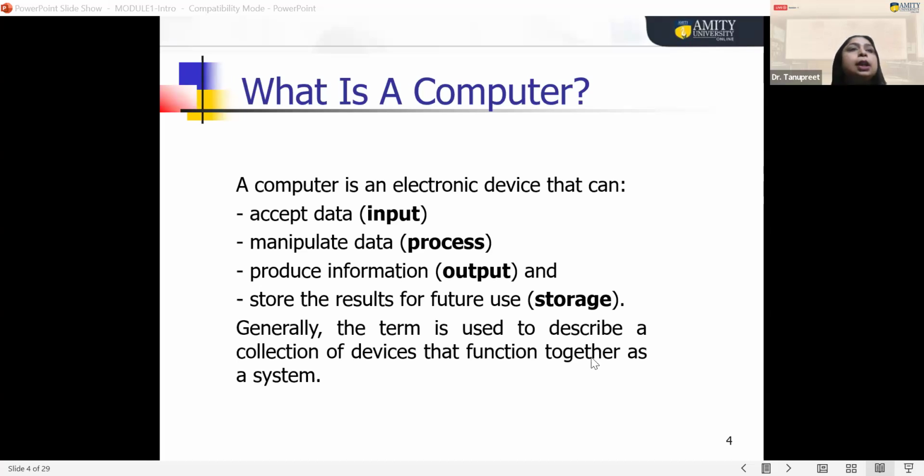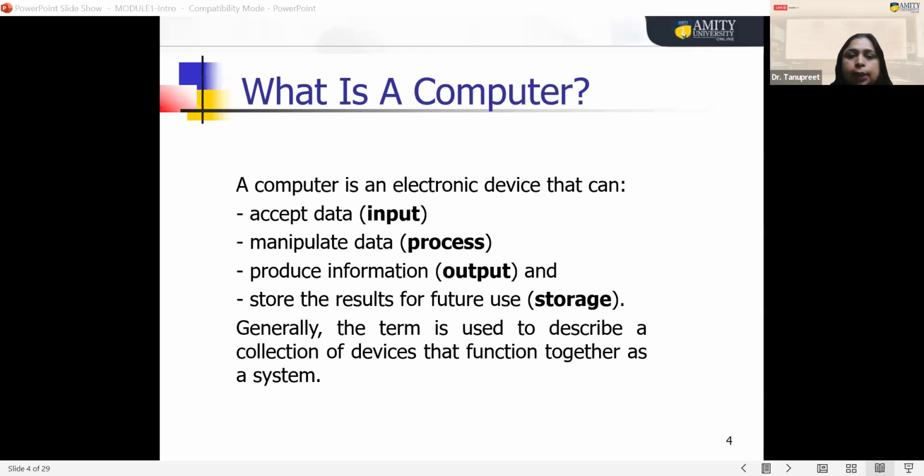So students, what would be a layman's definition of a computer? It is an electronic device which has an input, a processor, and an output. And of course, it also has storage.